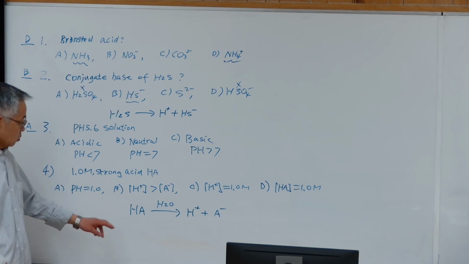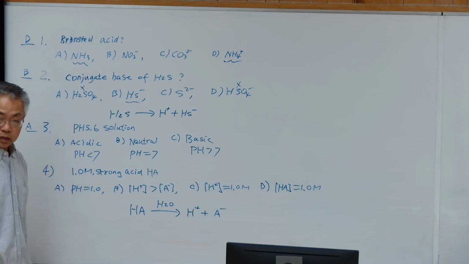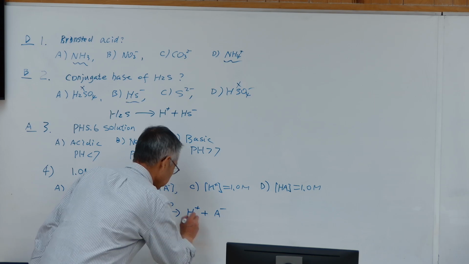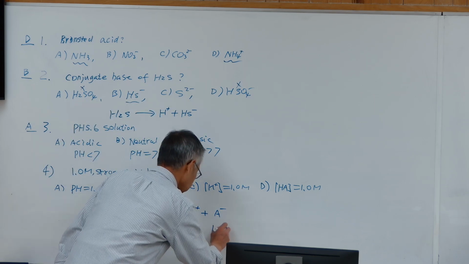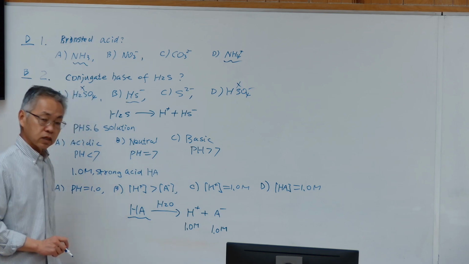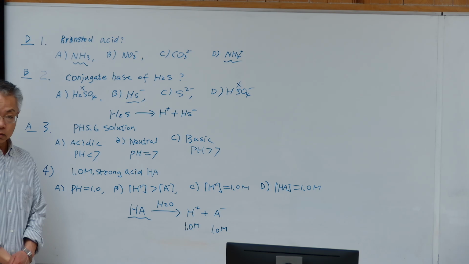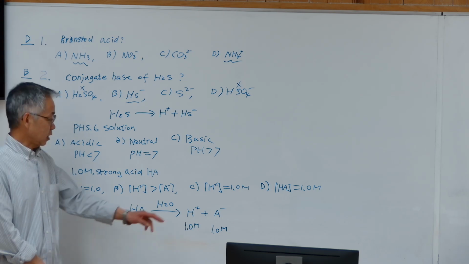So if this is a 1 molar strong acid HA, then finally 100% breaks down into hydrogen ion and A minus. No molecules left. That means a strong acid. If you understand this process, then clearly this is your answer.